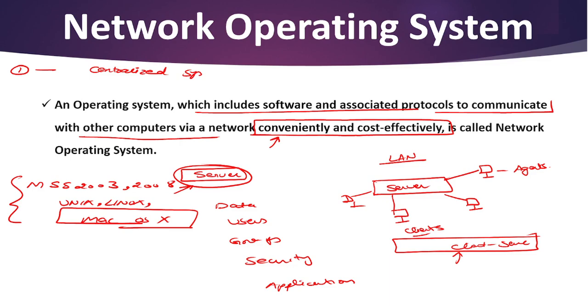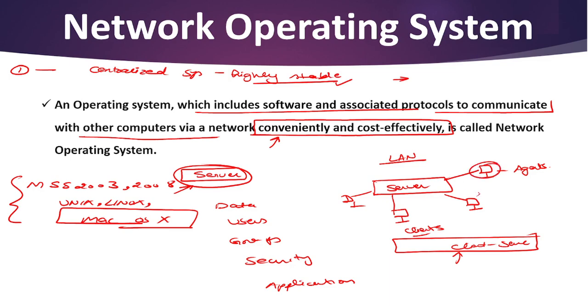Centralized system means what? As I have told you, the server works like the centralized device, and its responsibility is to manage all the connected clients or devices. Because of its centralized architecture, it is highly stable. Next important point is that security is server managed.